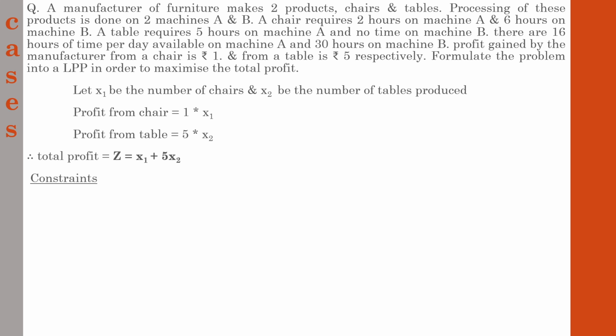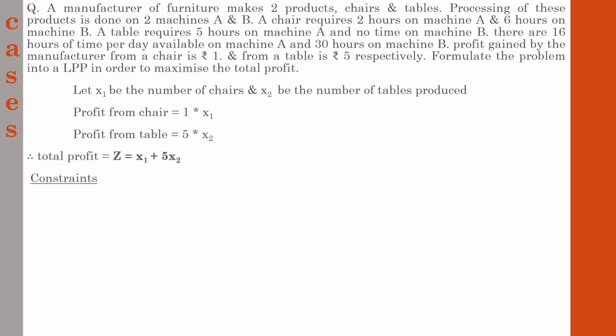After that you need to find out constraints. In order to earn this profit, we have to produce these products, this chair and table. And how is this produced? There is one machine, machine A is given and machine B is given, certain hours on machine A and certain hours on machine B, and the total hours for that particular day is given.